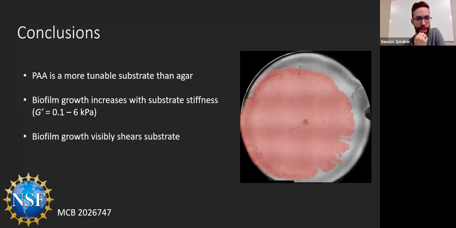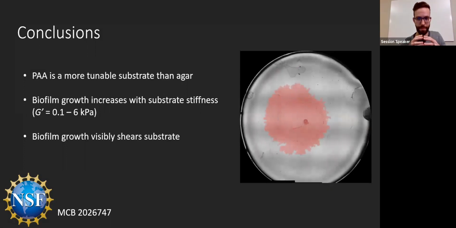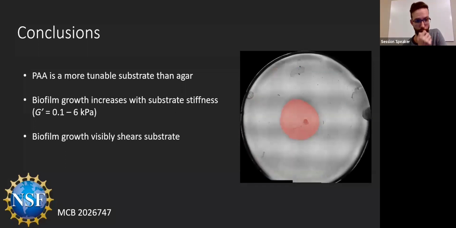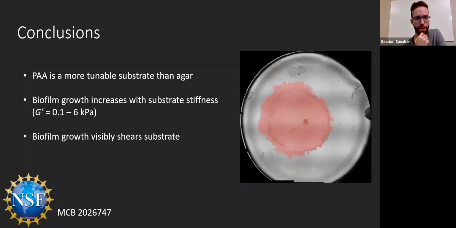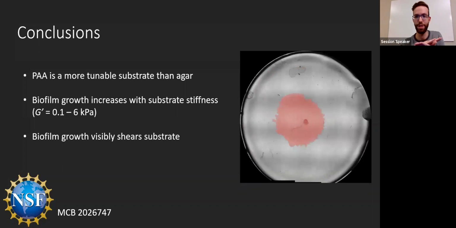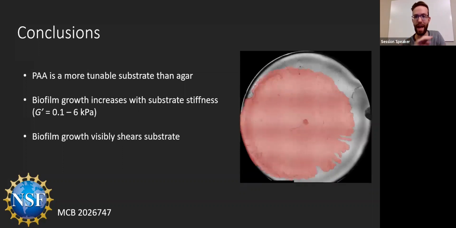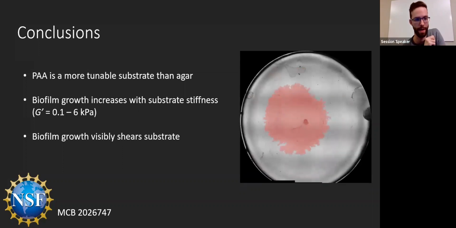In particular, we were able to see an increase in the rate of growth with substrate stiffness in this particularly soft window and at early times of growth. And we were able to directly observe the shear deformation of the substrate as the biofilm was growing.